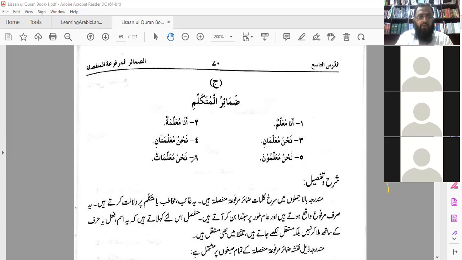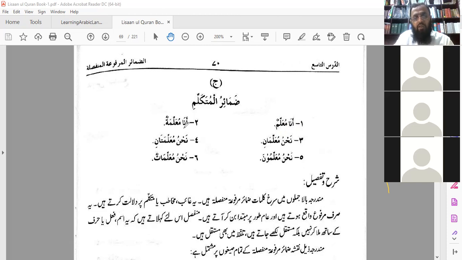Yes. Okay. Now, as far as tarkib is concerned, Ana is mubtada and muallimun is khabar. Please remember this. Ana is mubtada. Why? Because zamair are a type of marifa, al-ismul marifa. So that's why it becomes mubtada, and the second word becomes khabar.